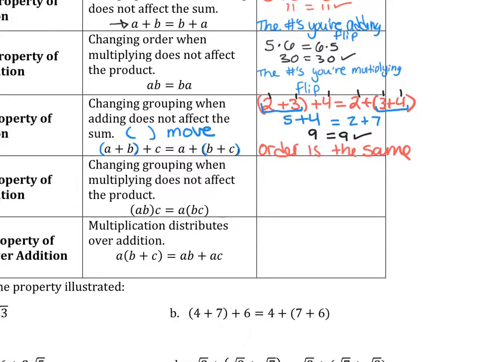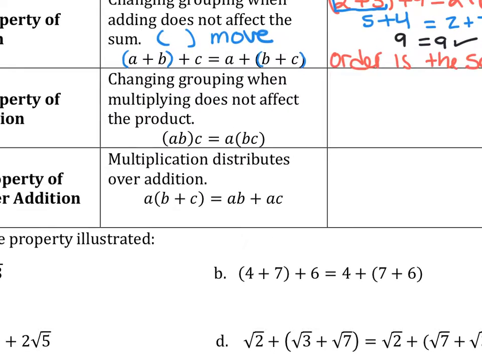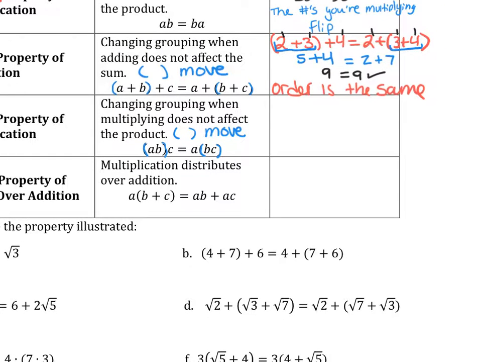And multiplication, same idea, just multiplying instead of adding. So changing the grouping when multiplying does not affect the product. First our parentheses were around a times b, and then they move to be around b times c. So again, the parentheses move. If we had like 2 times 3 times 4, we move the parentheses to be around the 3 and the 4.